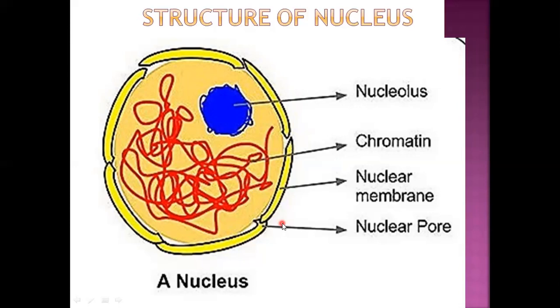So our height, our skin color, our hair texture, nose shape, every trait or characteristic is controlled by the genes. Now you can appreciate why the genes are important and why the nucleus is important. So the nucleus is the control center or brain of the cell. That is its function.